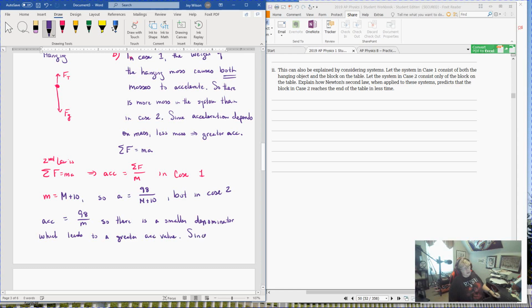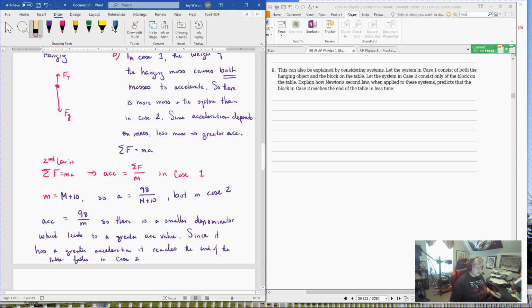We've got to finish this up. Since it has a greater acceleration, it reaches the end of the table faster in case 2. And really, you'll notice Miss Wilson is now going to go, okay, I've got that explained, I feel good about it, but here's what we've got to do. You notice I have two pronouns.